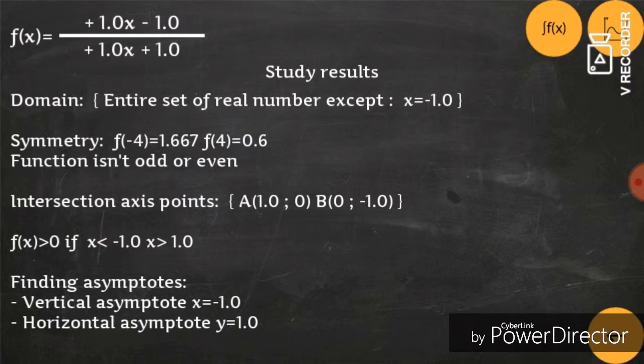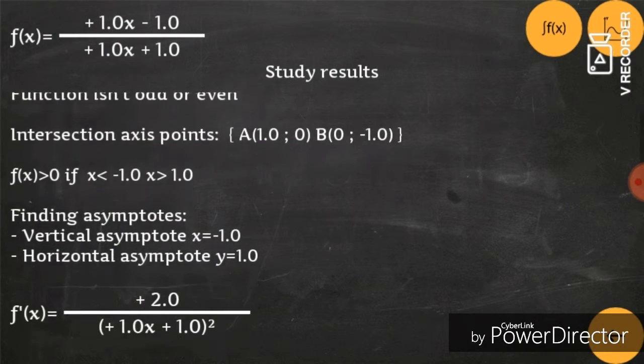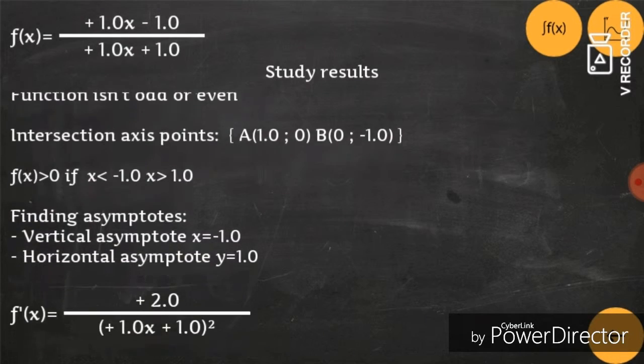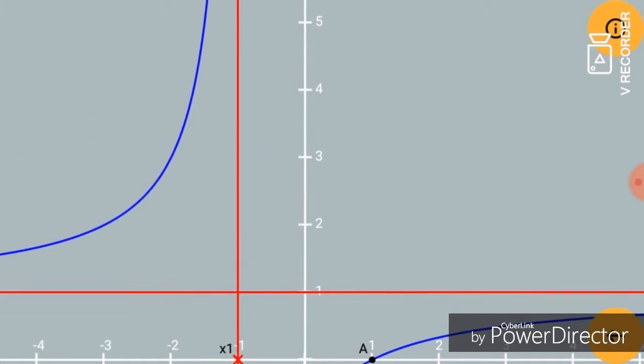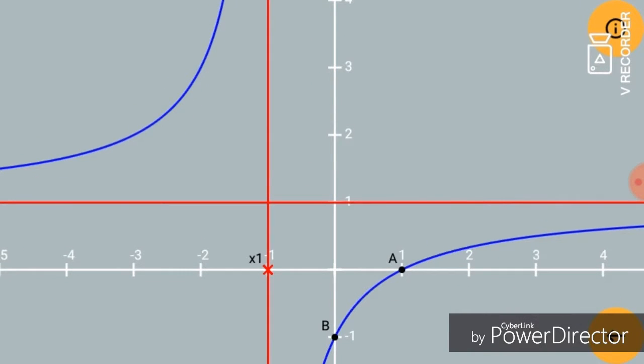F of negative 4 is equal to 1.667, which is symmetrical to f of 4 is equal to 0.6. Then the intersection axis points. The x-intercept is denoted by A, which is (1, 0), while the y-intercept is denoted by B, which is (0, negative 1).